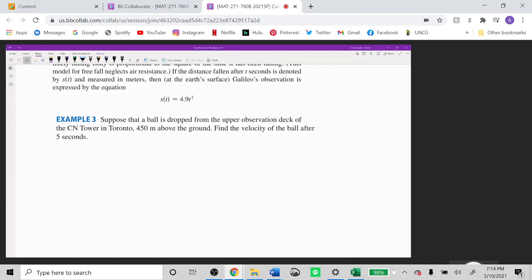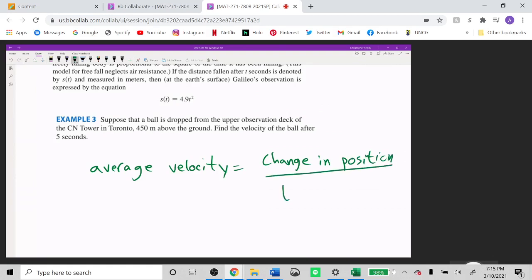Okay. So the way that we find average velocity, and this is not the same as instantaneous velocity, but it will hopefully help us out: average velocity is just change in position over change in time, or change in position over time elapsed.